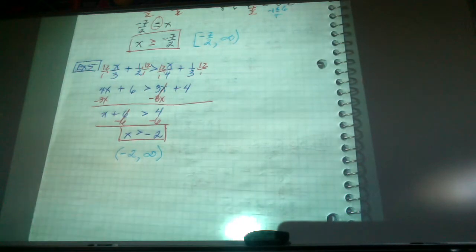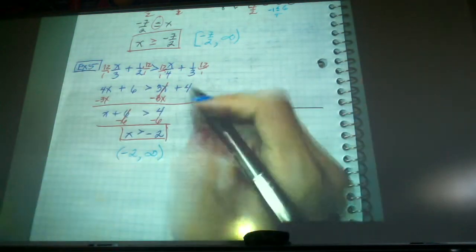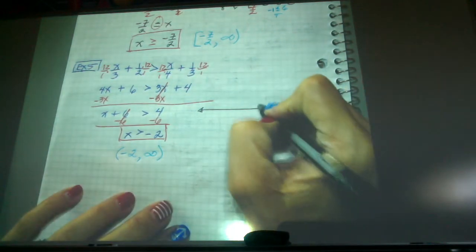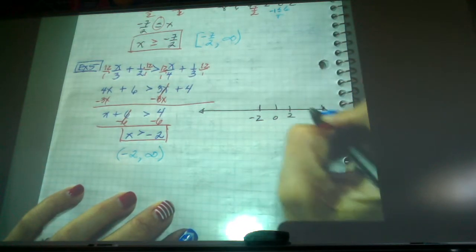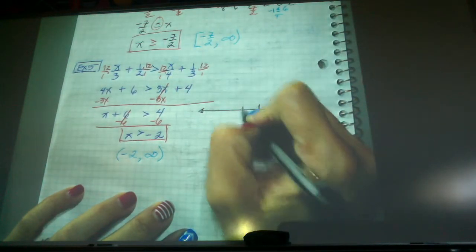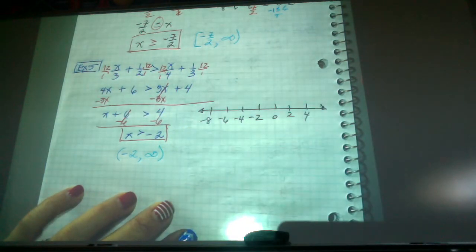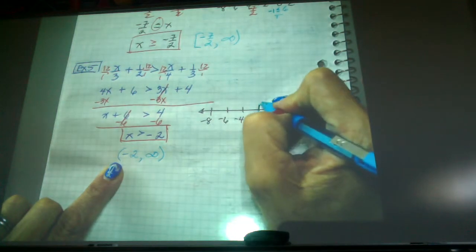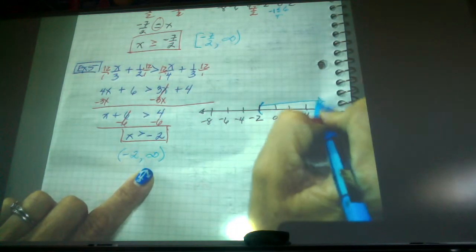So then when we go to graph that, my boundary point is at negative 2. I will have a parenthesis at negative 2, opening to the right, and an arrow going to the right.